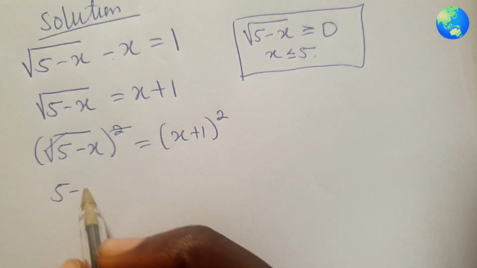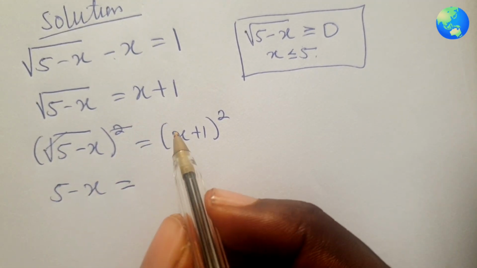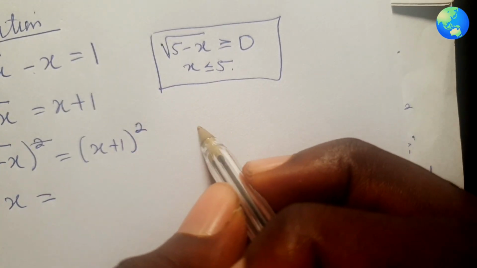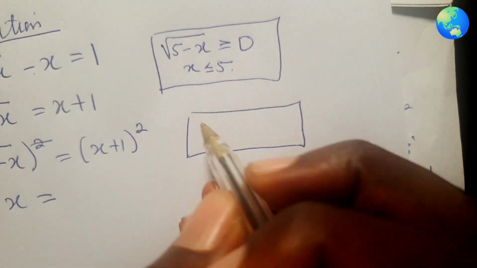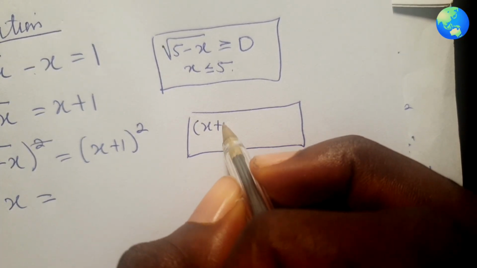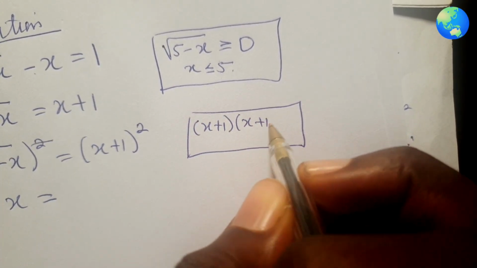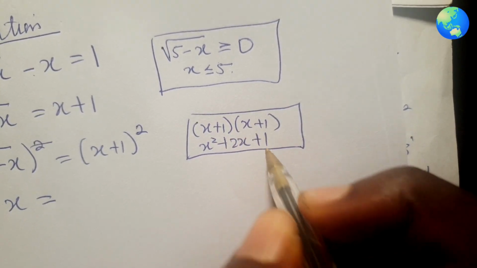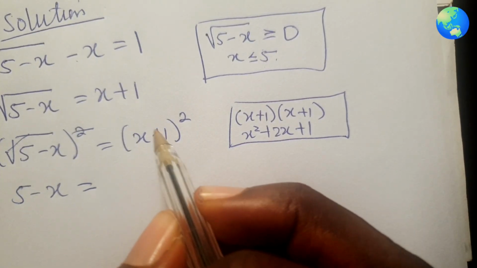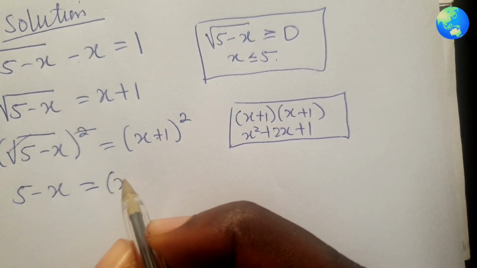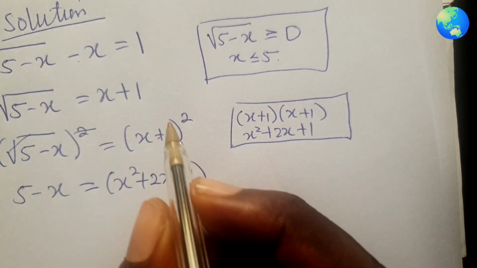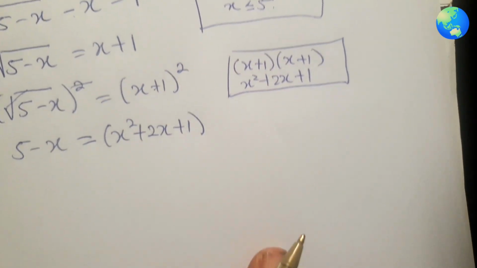I'll be left with 5 minus x equals, if I expand this, let me do it in this small bracket, x plus 1 and x plus 1, which we all know if we expand is going to be x squared plus 2x plus 1.